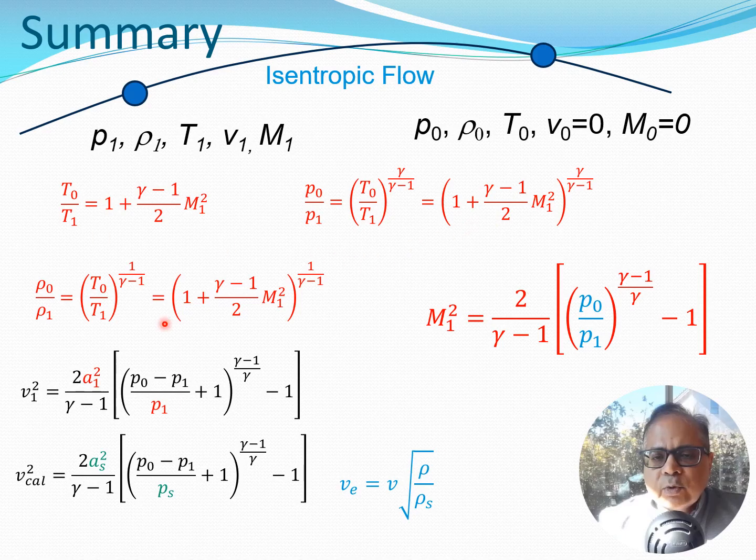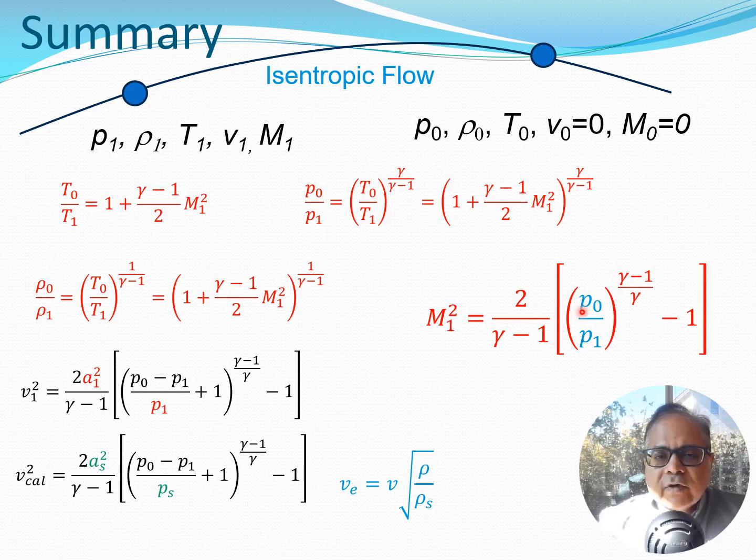Now from these equations we also got the equation for the Mach number, and the Mach number of course is related to P0 by P1. So if we are able to calculate those quantities, we can immediately calculate the Mach number at the plane where you are flying. So this device is known as the Mach meter. Now we also realized that we can actually have some difficulty in getting this particular value.